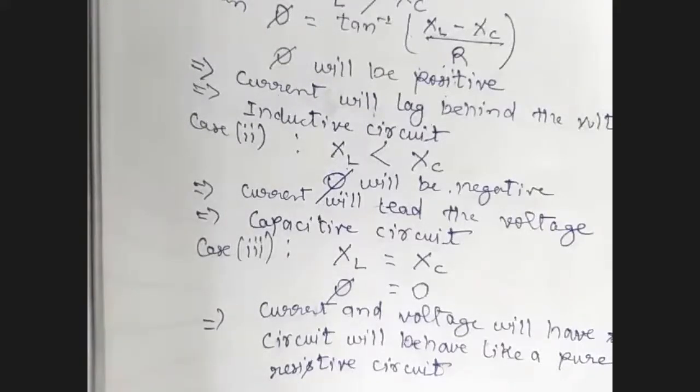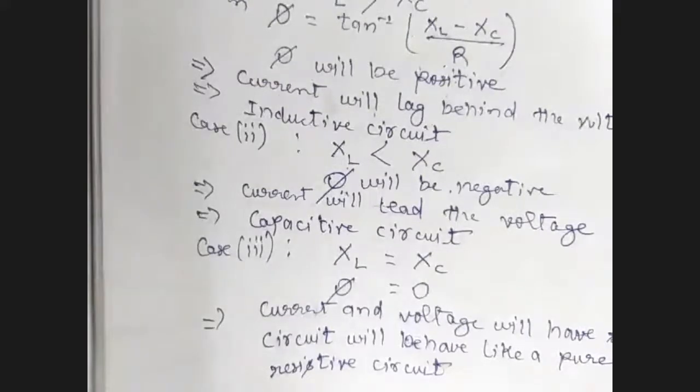If we want to tune the circuit such that XL is equal to XC, then at what frequency and what values of L and C will give me this combination, that we need to understand, right? And under this condition, the circuit resonates.